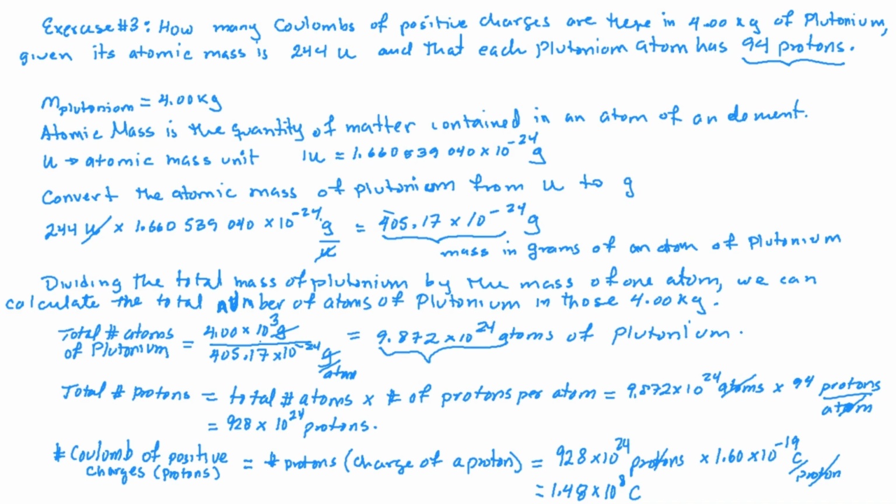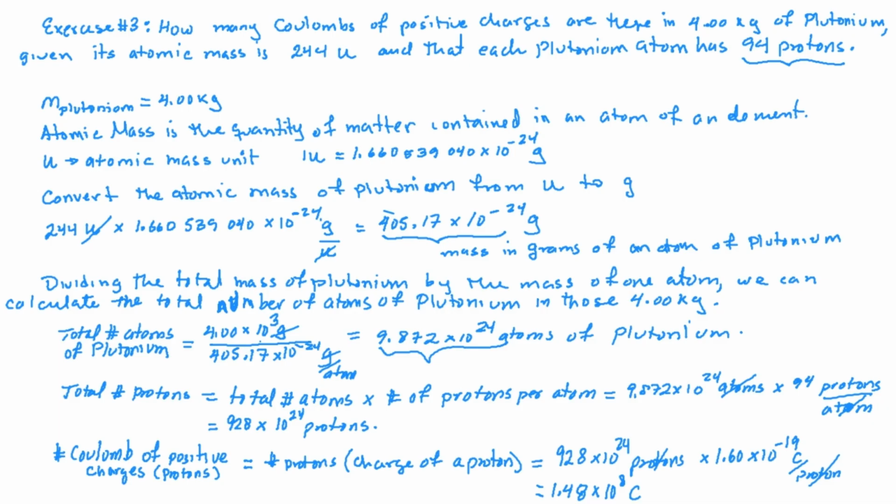So what is the procedure behind this? First, you know the total mass of plutonium. You know the atomic mass of the atom of plutonium, and you know the number of protons per atom. So what do you need to do? You need to know how many atoms you have in those 4 kilograms of plutonium, right?